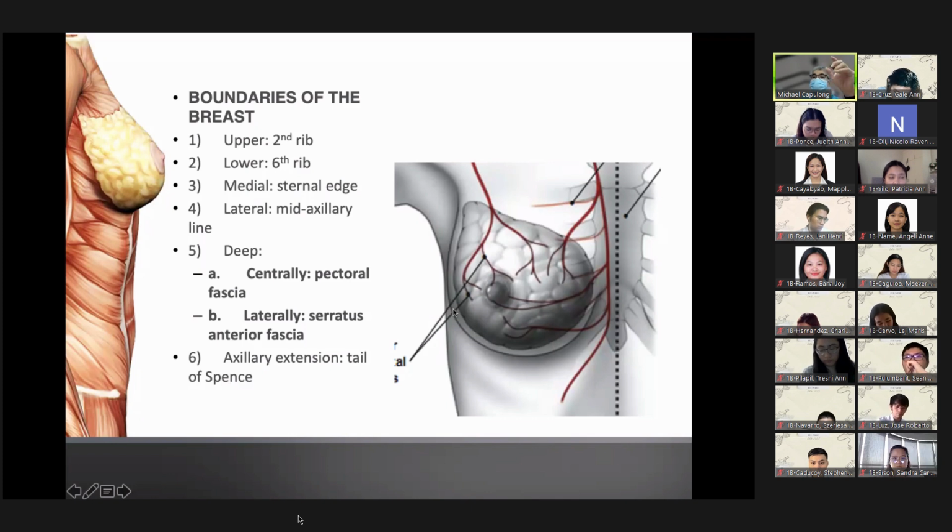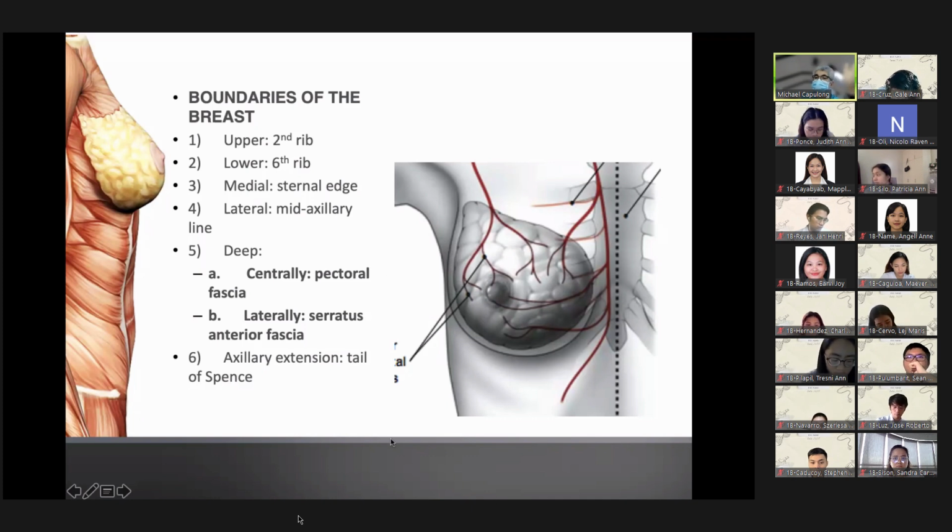Now note here that the shape of the breast is not really round, but you have here a tail-like portion of the breast that will actually extend through the axilla. And this is what we call the axillary tail of Spence.